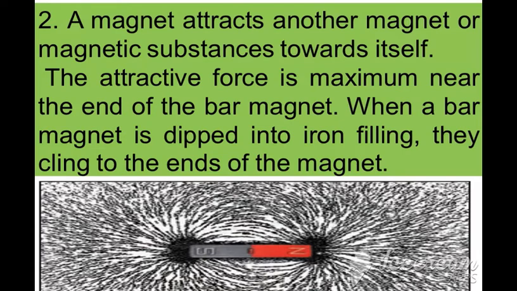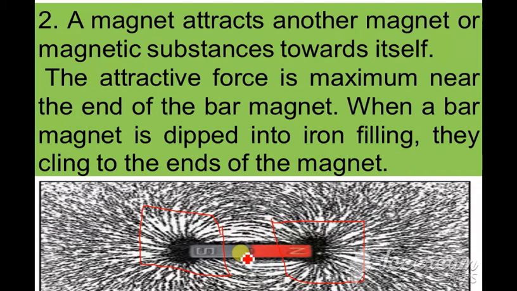Then the next one is that a magnet attracts another magnet. One magnet can attract another magnet and magnetic substances towards itself. The attractive force is maximum near the ends, more than at the center.